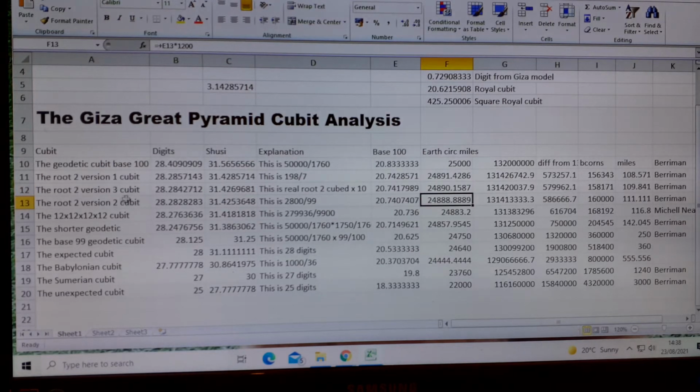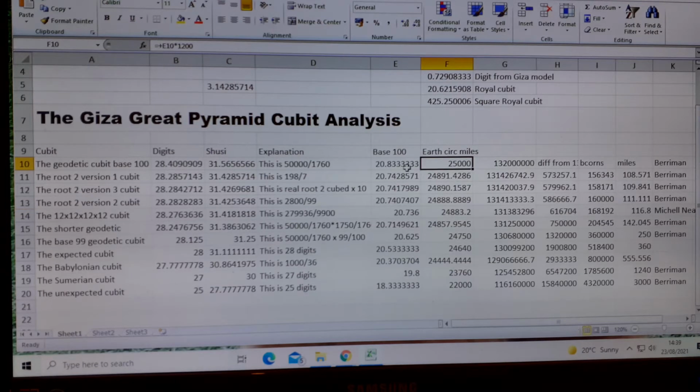And this one is using 2800 divided by 99 as 20 root 2. And that's that. And we get this cubit here, and that's the cubit that Jacob Boas told me about. Those are the number of digits in it. Those are the number of digits in the 198/7 cubit, and that's the length of the cubit. And I'm familiar with that, giving that Earth circumference.